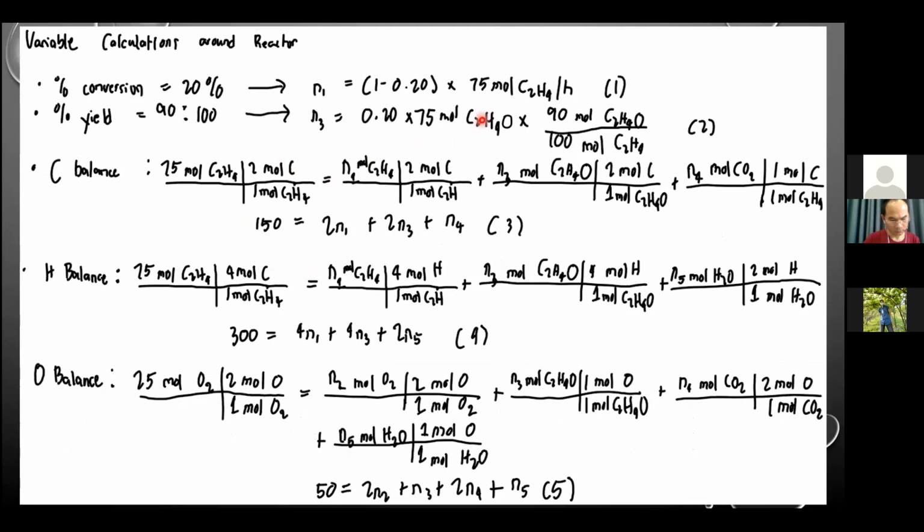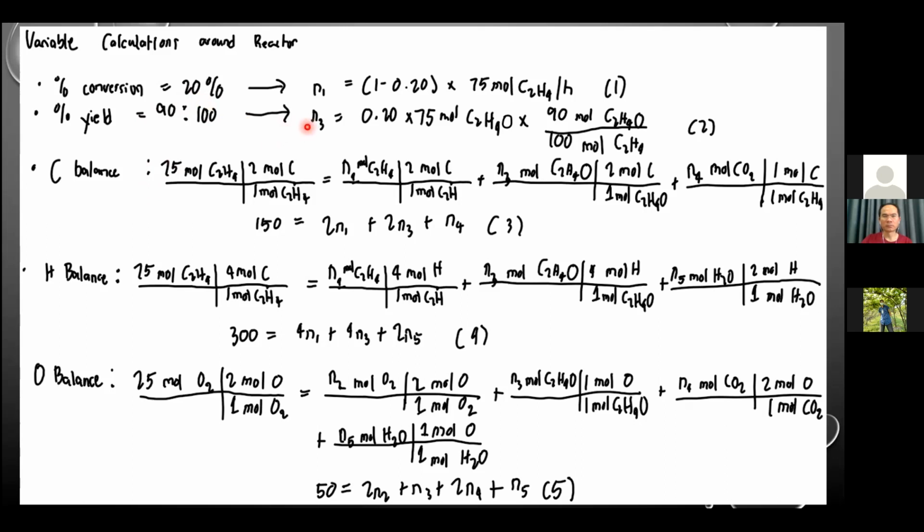So first is the percent conversion of ethylene oxide. It is mentioned that the single pass conversion of ethylene is 20%.